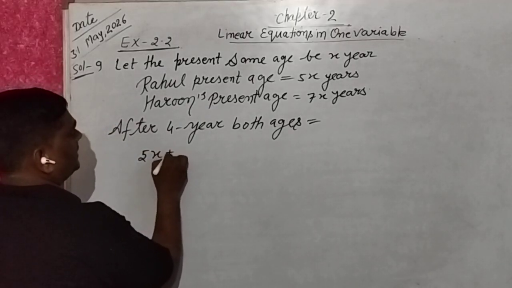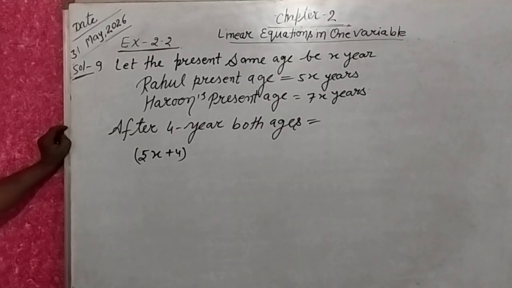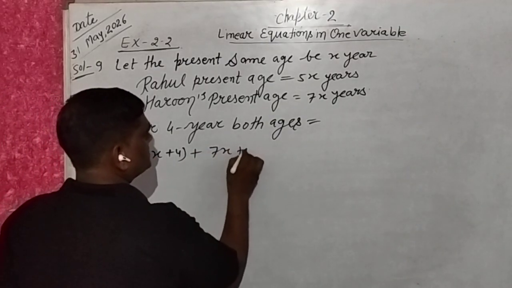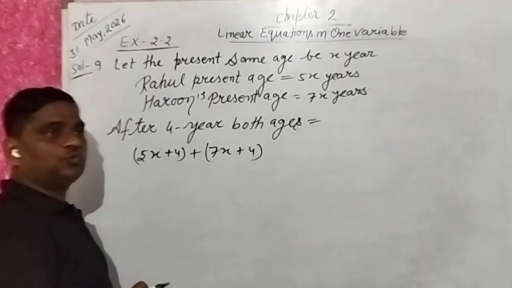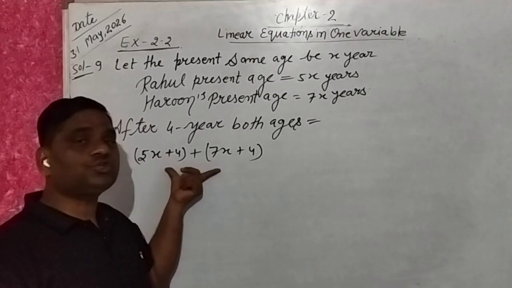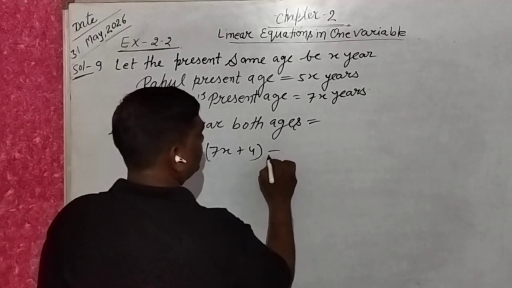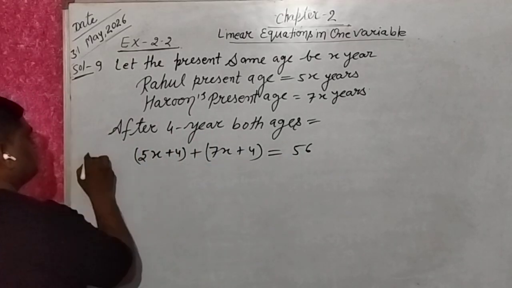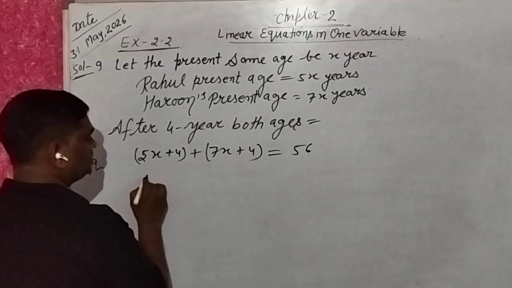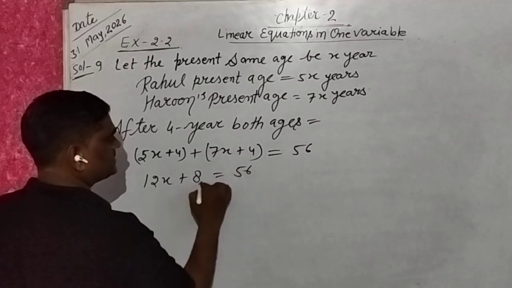So Rahul's age is 5x plus 4 years, and Harun's is 7x plus 4. Why do we do this? Because the question says the sum of both ages is 56 years. So according to the question, 5x plus 7x, 12x plus 8, is equal to 56.